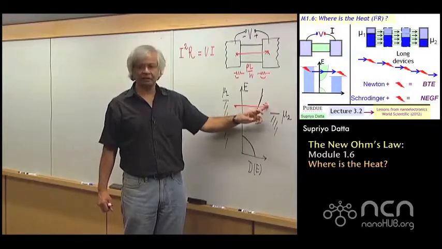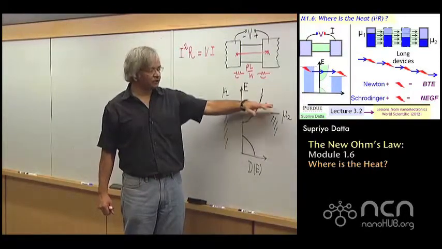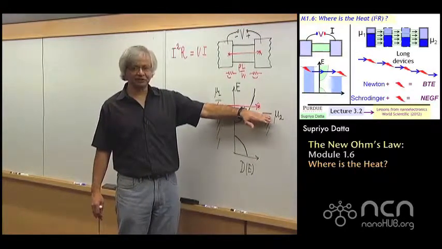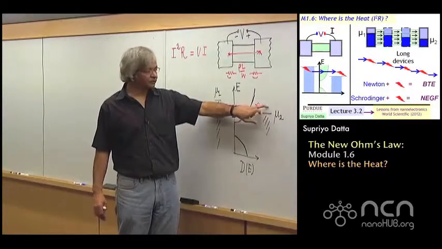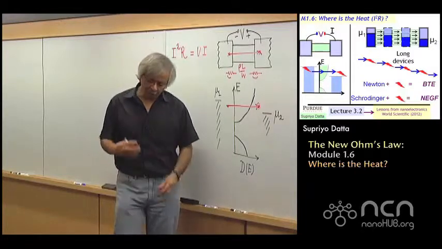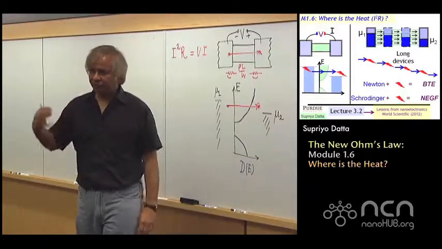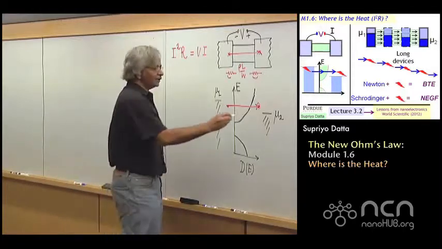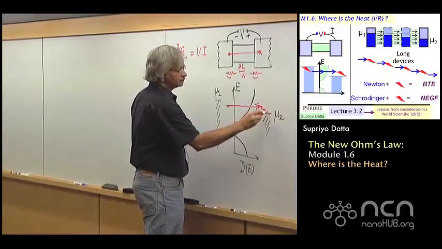And here is one electron by itself with a lot more energy than all its neighbors. Everyone else is down here. So it's got a lot of excess energy, and what the contact does is it quickly restores it to equilibrium. And that is where, of course, the electron loses all its energy.